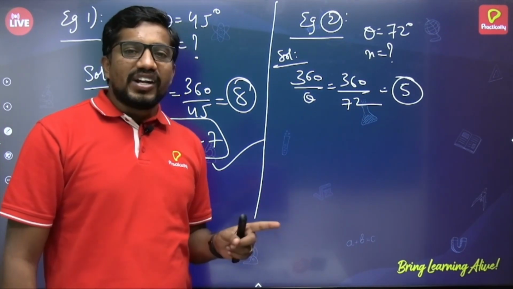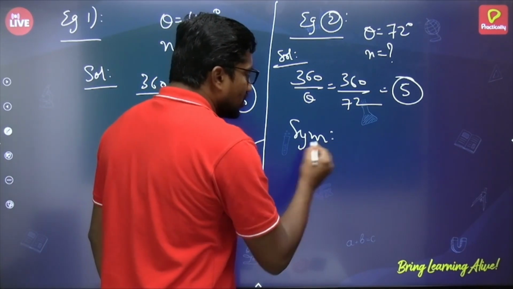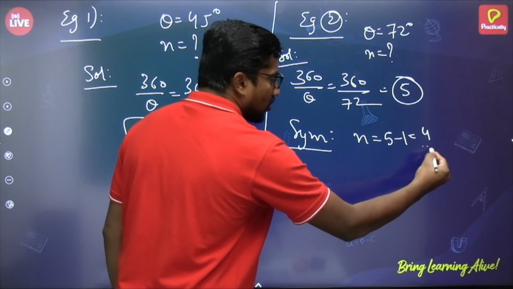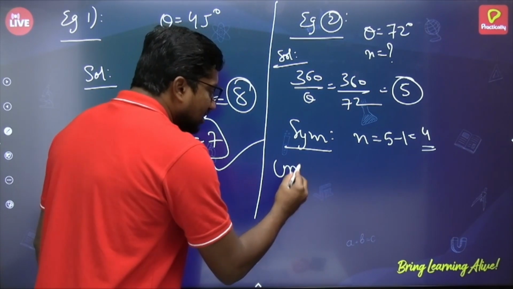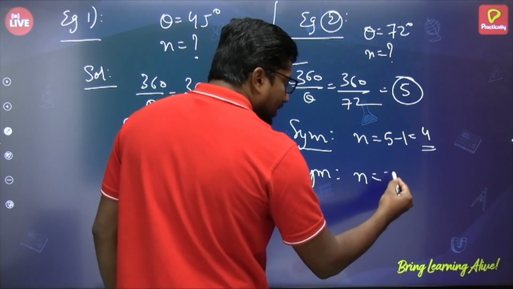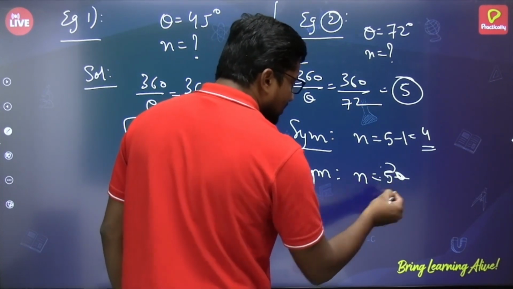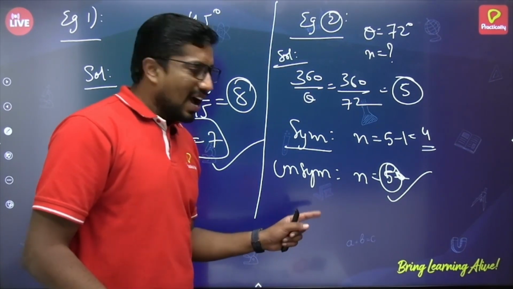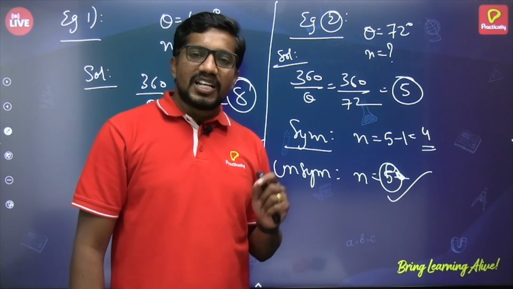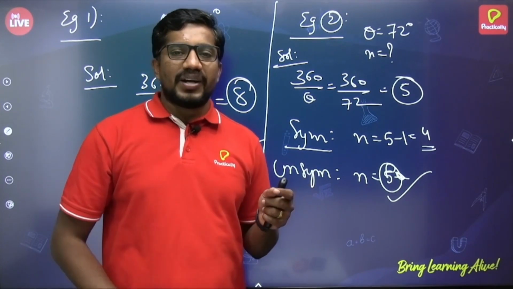If it is odd, two cases. If it is a symmetrical position, then the number of images is 5 minus 1, that is 4. For unsymmetrical position, 5 itself is the answer. In the examination, they will specify whether the object is in a symmetrical or unsymmetrical position.